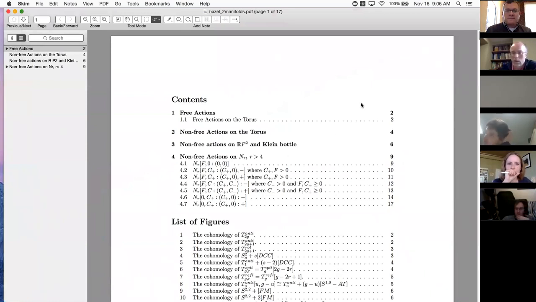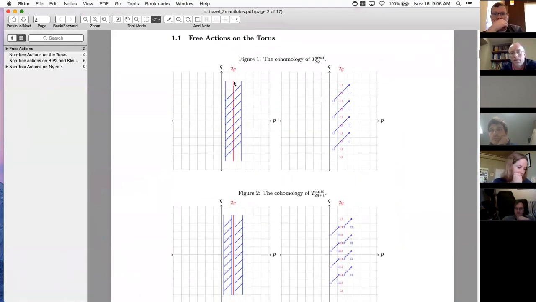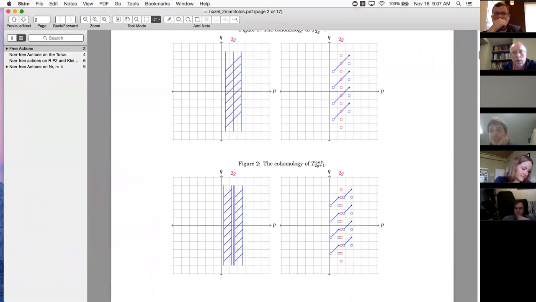So let's see. All right, so here are certain free actions on tori. On the left, you have the integral calculations, and on the right, you have the mod 2 calculations. I'm just going to scroll through these, but what I want to call your attention to is different things as we go along.